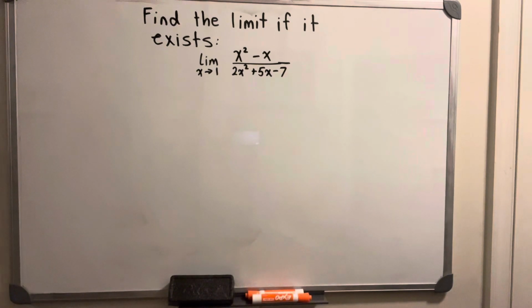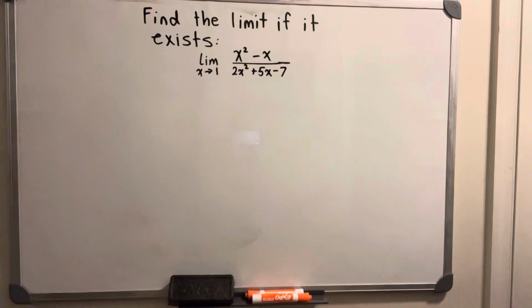For polynomial problems like this, the goal is to find common factors to cancel out the one that makes a 0 in the denominator.